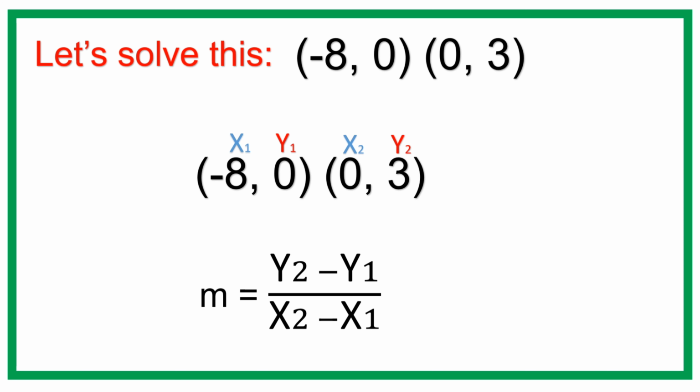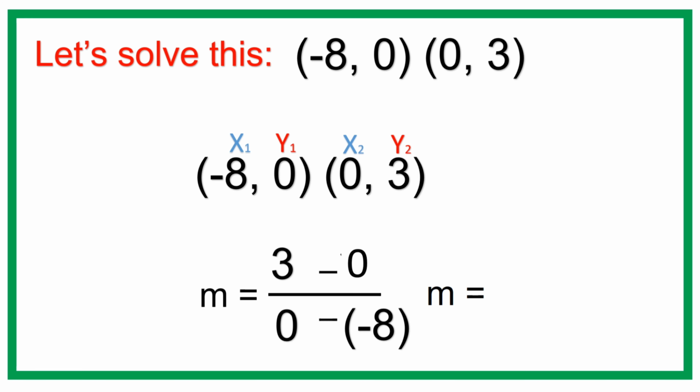Okay, y2 is 3, y1 is 0, x2 is 0, x1 is negative 8. And our slope is 3 over 8. Just like that. You got it.